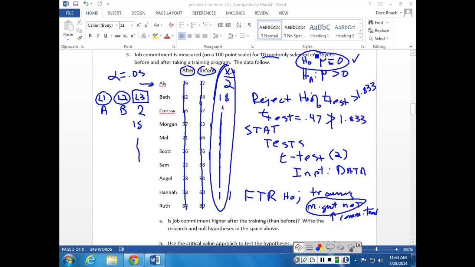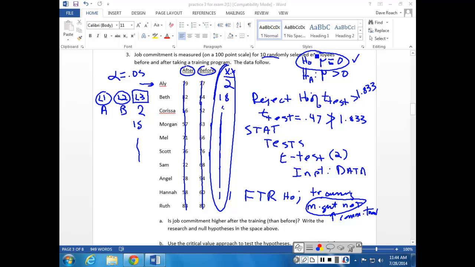Because I could have given the same exact data, and instead of saying after or before, that could have been, let's say, the gas mileage for car A and car B. It could have been the performance for a group of people that were trained and another group of people that weren't trained. Now, if that were the case, that first row, that 79 and that 77, one of them might be Allie, and the other one would be Al, or Alan, somebody different, so different people.